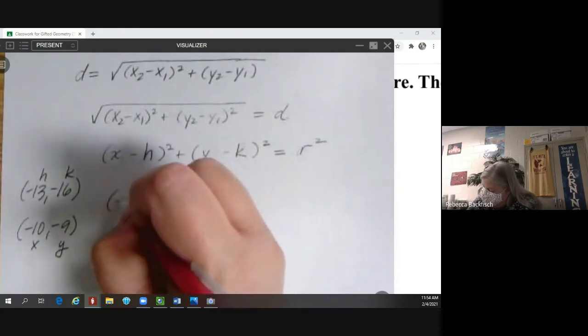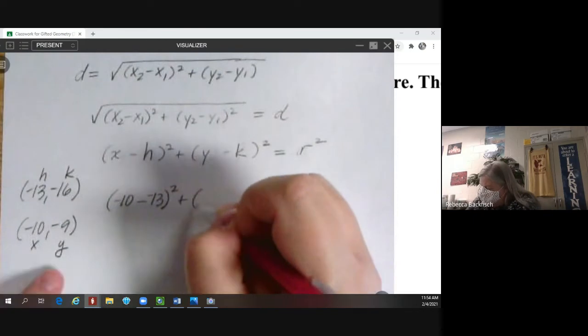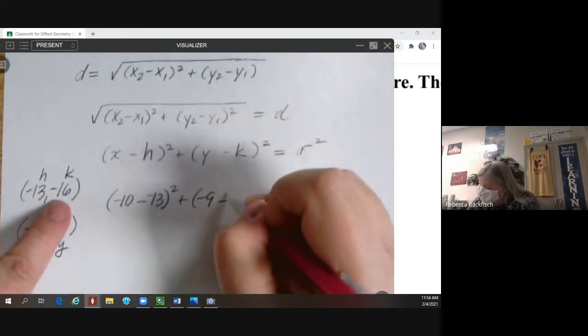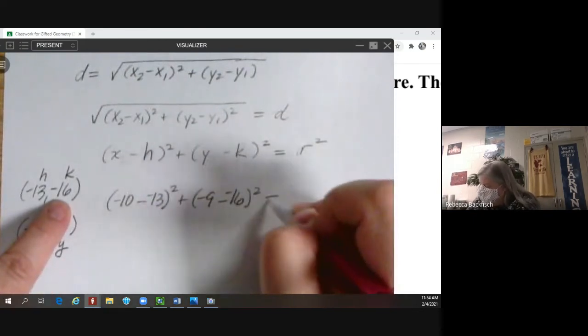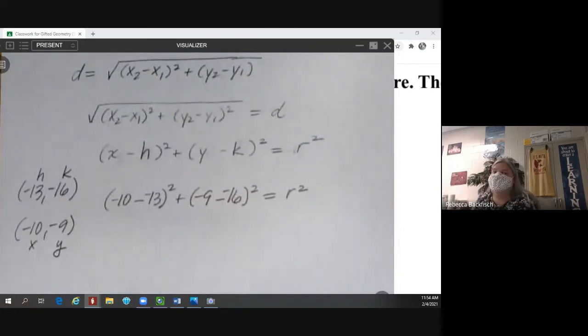So (x minus h) squared plus (y minus k) squared. I don't know the radius, but this is going to tell me the radius squared, which is what I need if I'm trying to write the equation. So it's a much more direct route to what I'm trying to find.